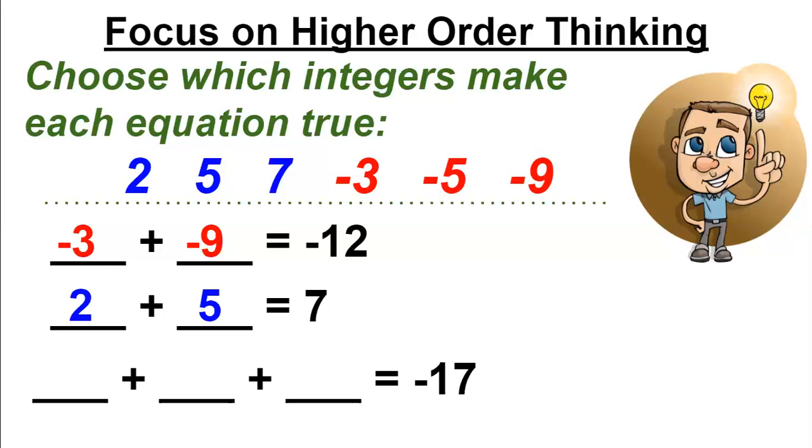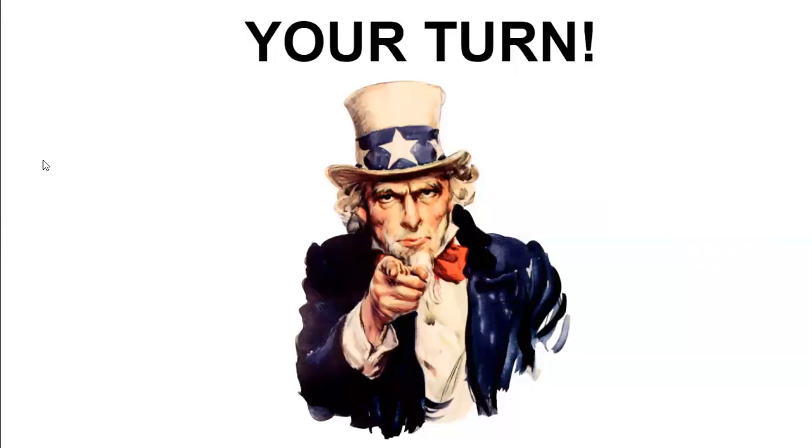Pause the video if you need to. If I put a -3 there, now what? Exactly. -3 plus -5 plus -9 should give you -17. That's like owing 3 people money, isn't it? Okay, great job. Now it's your turn. Give it a try. See you back in a minute.